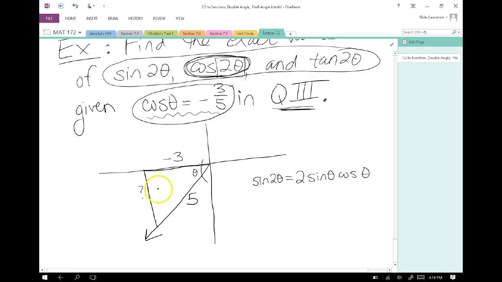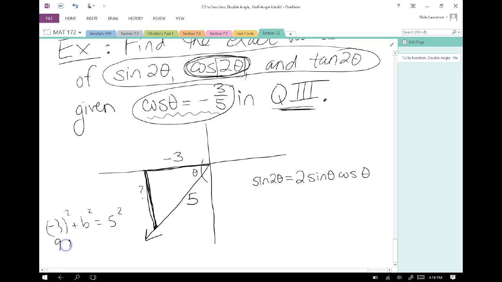And you need to be careful because we're working in quadrant 3, that opposite side of the triangle is going to have a negative value. Everything in quadrant 3, all those sides are negative. It's a negative x and a negative y. So negative 3 squared plus b squared equals 5 squared.